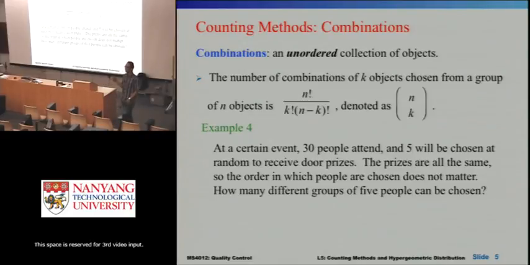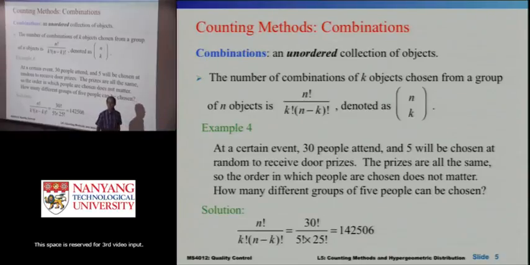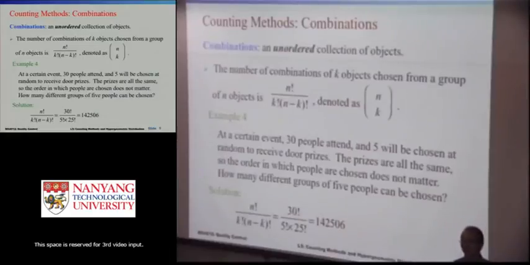As long as you are chosen, you get the same prize. So this is a combination problem. So we can plug in this formula, n factorial divided by k factorial divided by n minus k factorial, plug in the numbers and get this. Okay, straightforward.